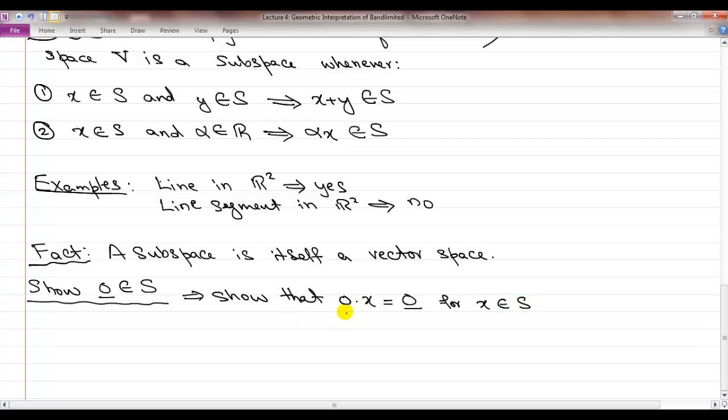Why? Because our definition of subspace says that if we multiply any scalar with an element of the subspace, it has to belong to the subspace. So 0 dot x we know belongs to the subspace. We just have to show that 0 times x is the origin.